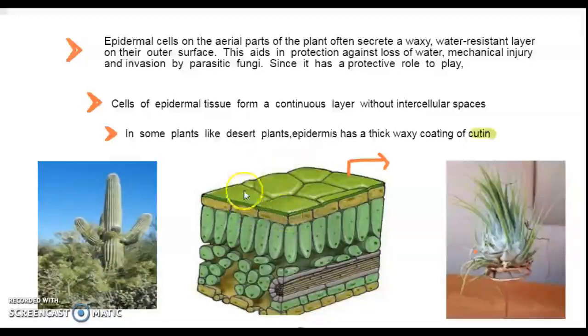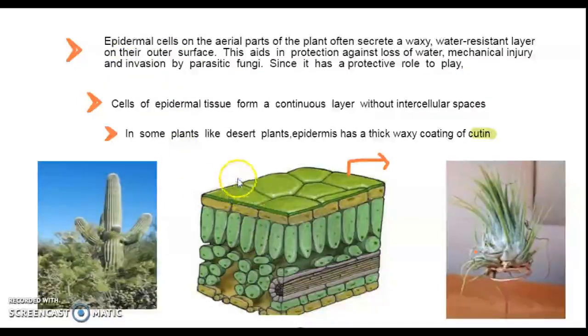It protects the plant from the loss of water. And it also protects from parasitic fungi or any other infection affecting the plant. So this epidermal cell has a protective role to play in the plant.